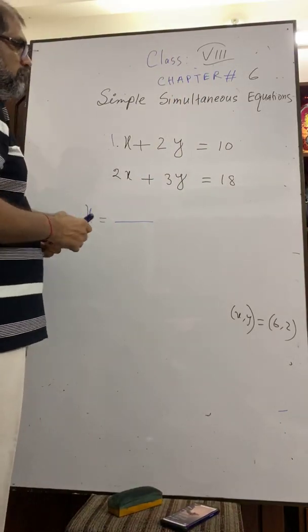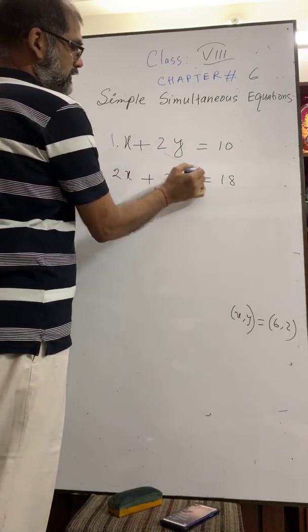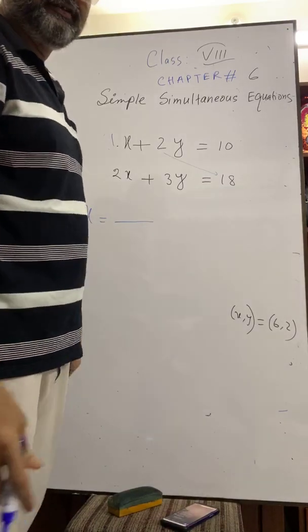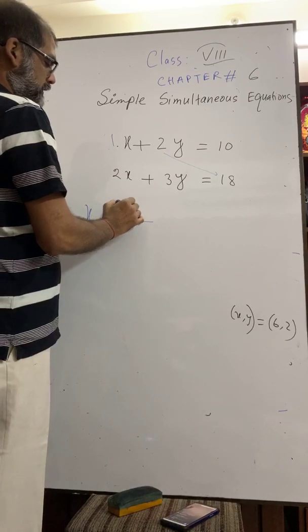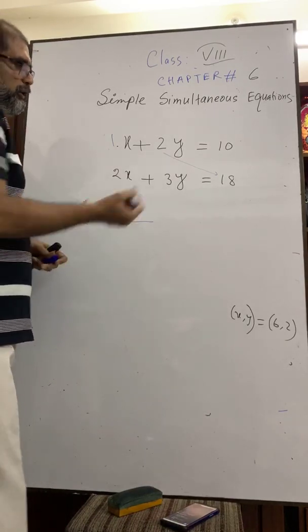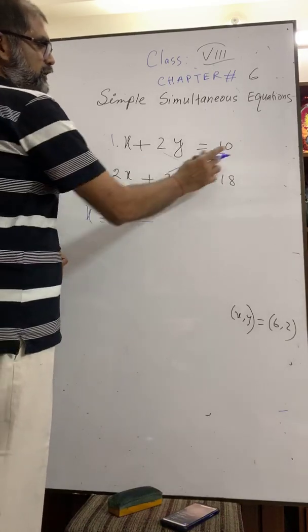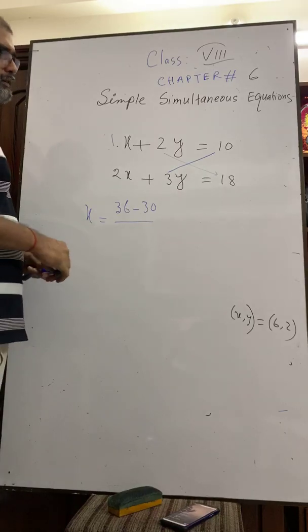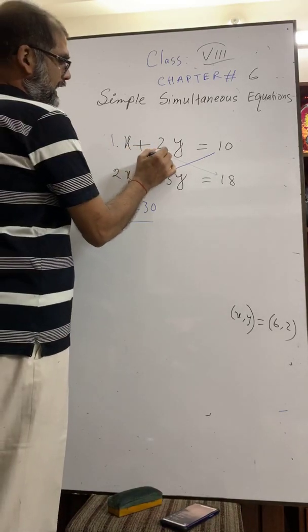What will you do? You just multiply 2 and 18. What is the result? 36. Again multiply 3 into 10, the result is 30. I have taken this at first.